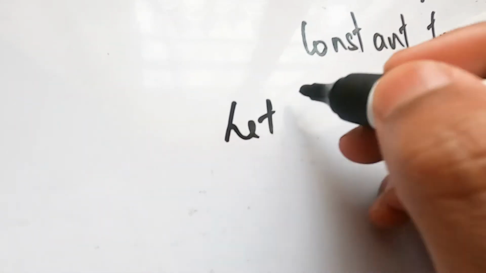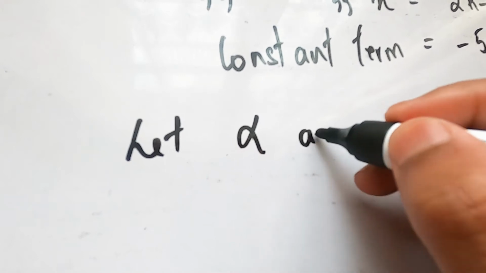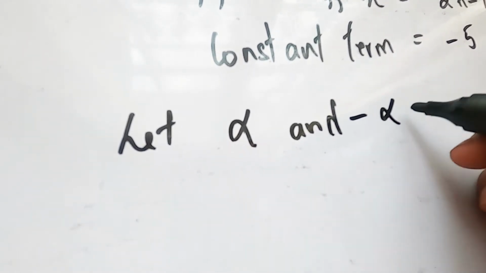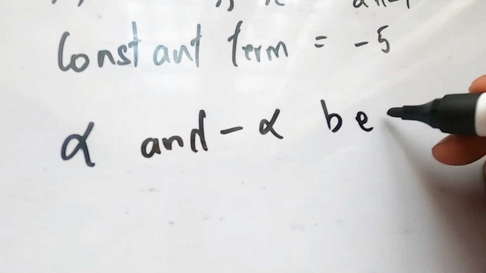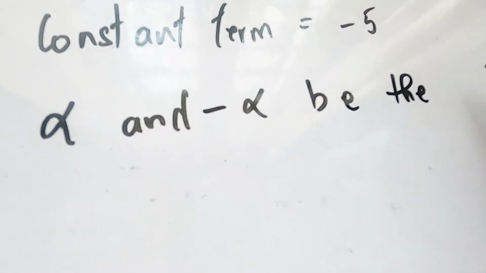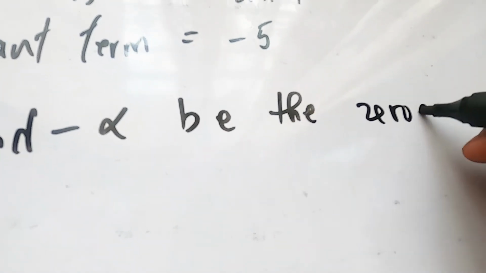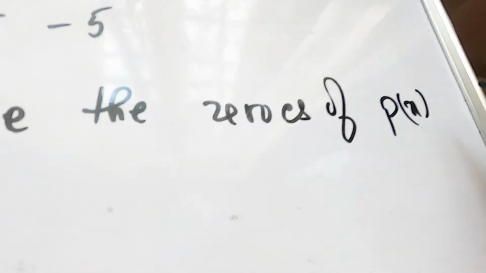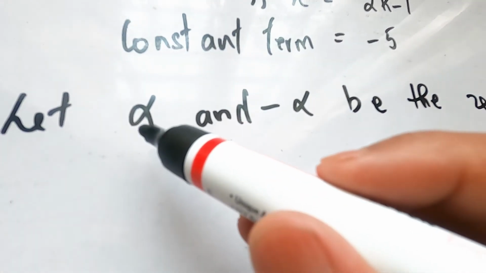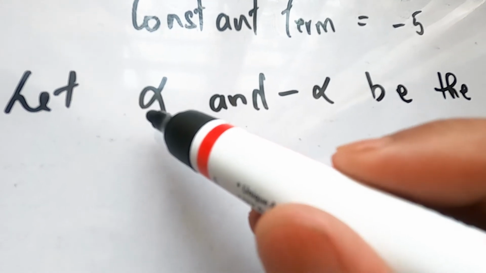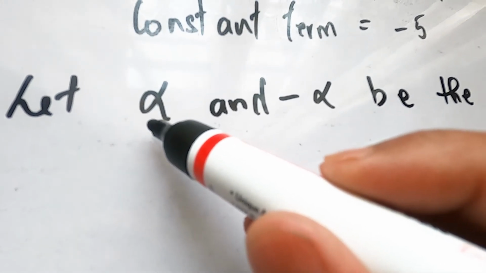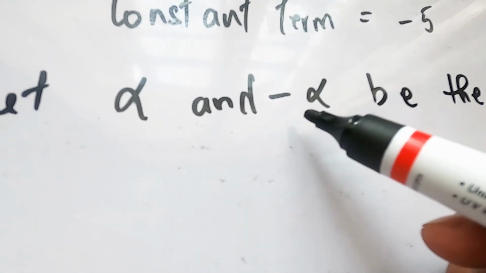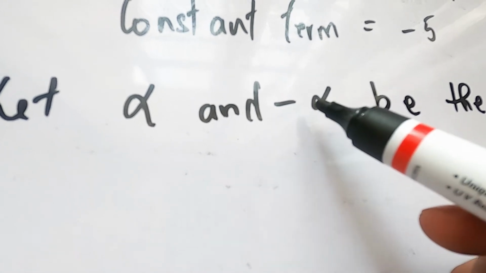So in this case, what we will do is we will write here, let alpha and minus alpha be the zeros of p(x).